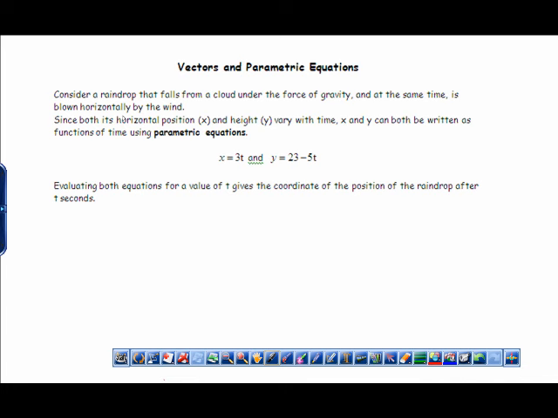But it says, since both its horizontal position, which is going to be x, and the height y vary with time, x and y can both be written as functions of time using parametric equations. So look what we have here. We have two linear equations, okay? One for the horizontal position, one for the height, and they both vary with time linearly.